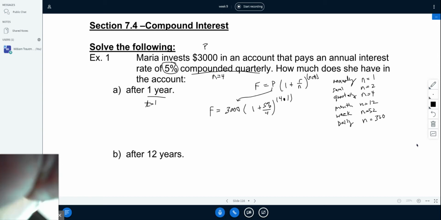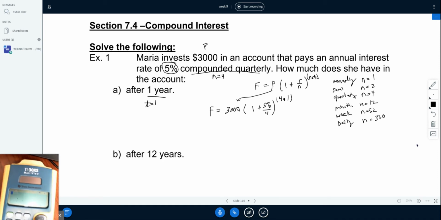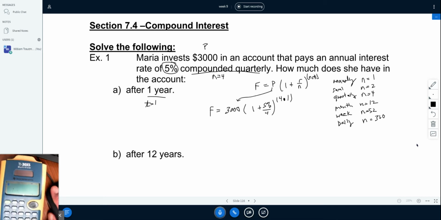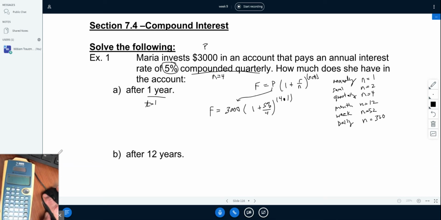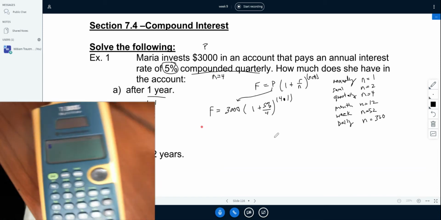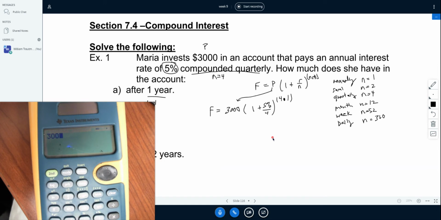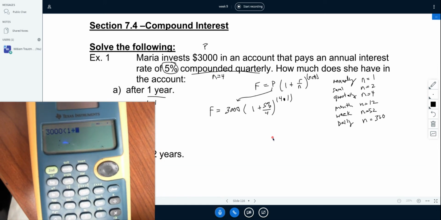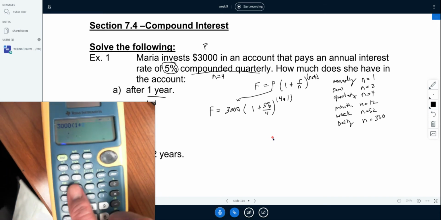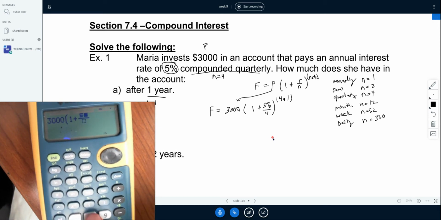I'm going to try to show you as I'm typing it in. Maybe I should make this bigger. There we go. We're going to do 3,000, parentheses, 1 plus a fraction, so I hit the second button, then 5%.